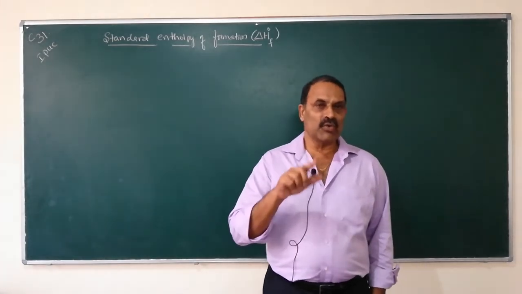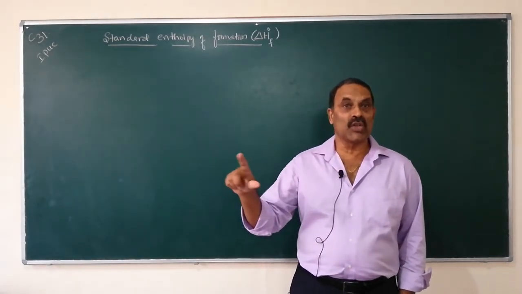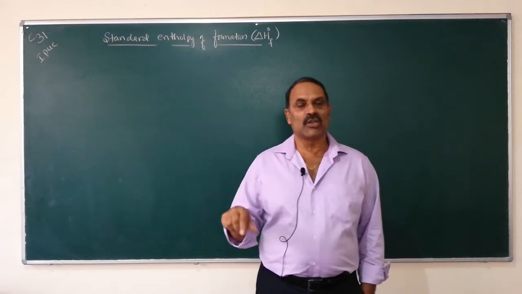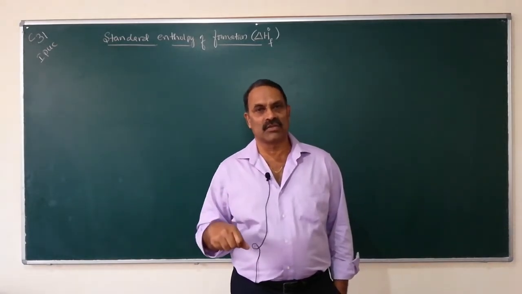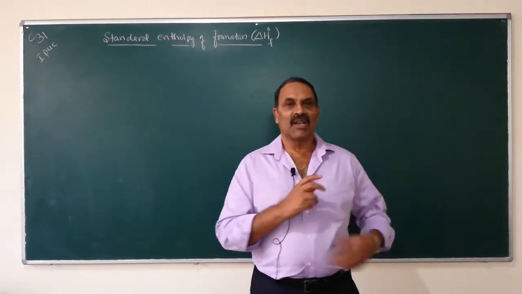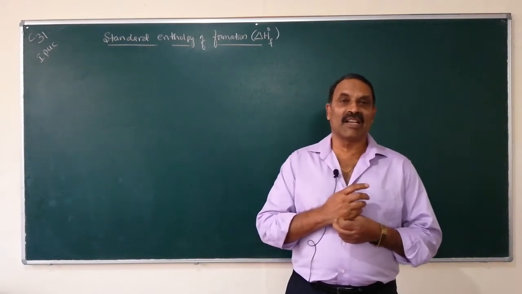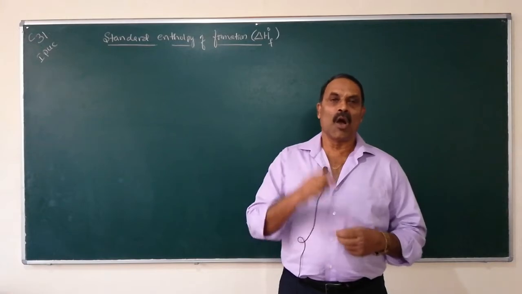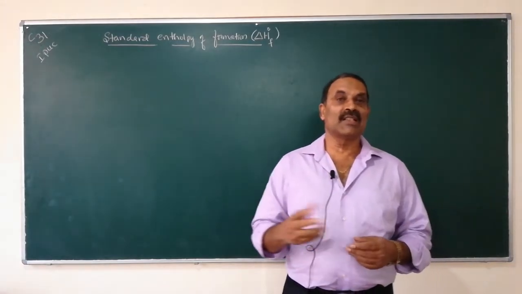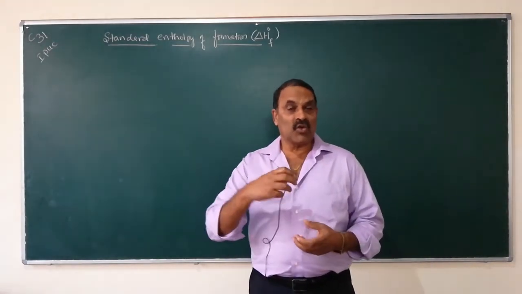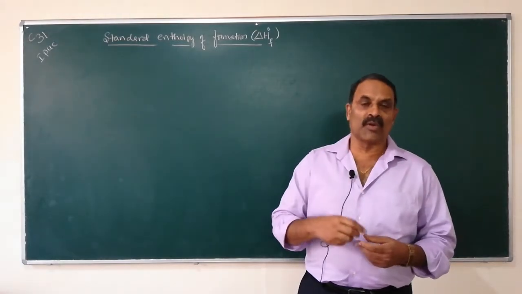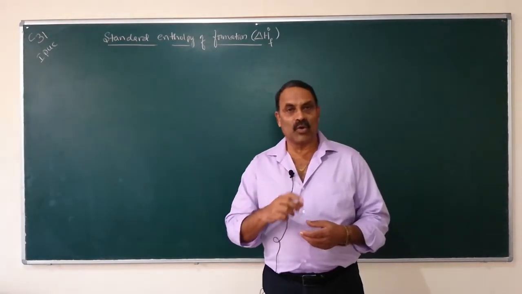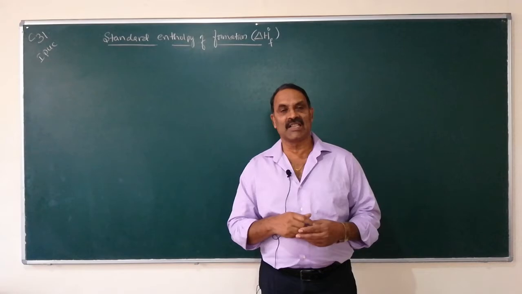Similarly, N2(g) plus O2(g) gives 2NO(g), delta H is equal to plus 180 kilojoules. What is the meaning of this one? When 2 moles of nitric oxide is formed from its elements nitrogen and oxygen, 180 kilojoules of heat is absorbed. What is the amount of heat absorbed when 1 mole of nitric oxide is formed?